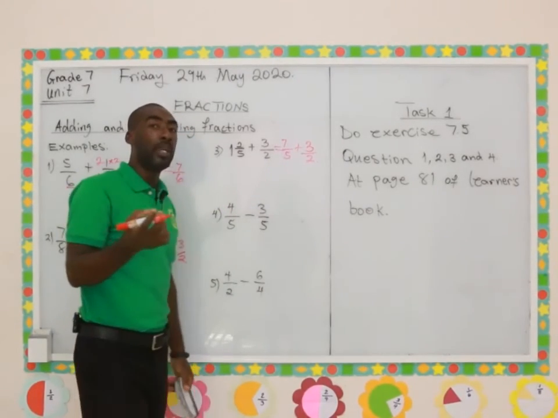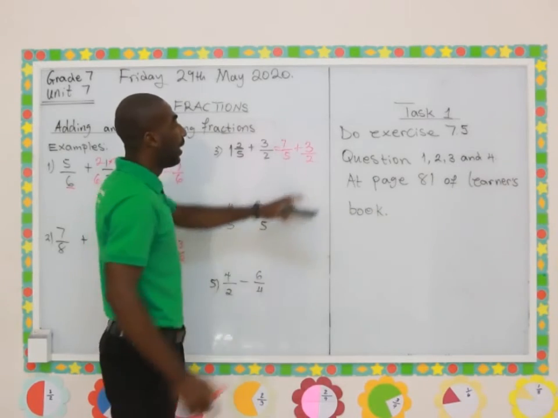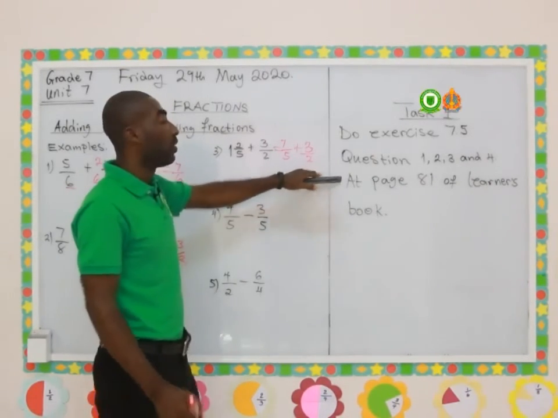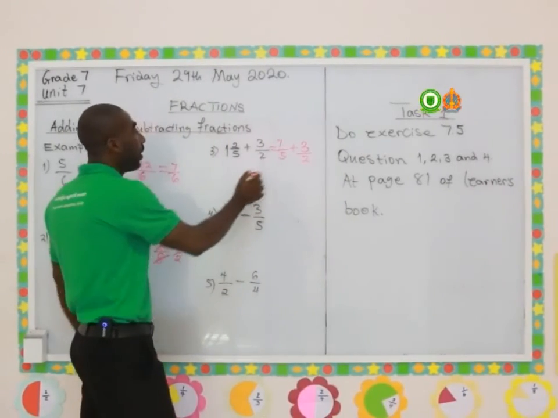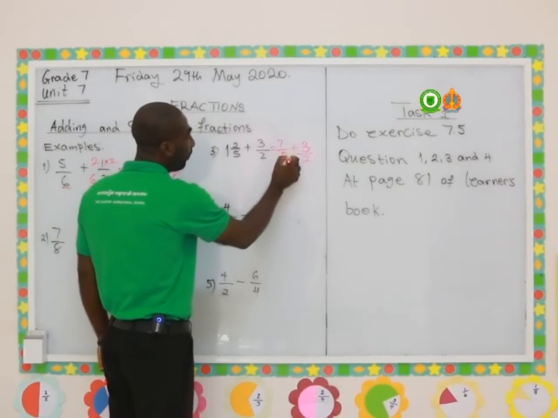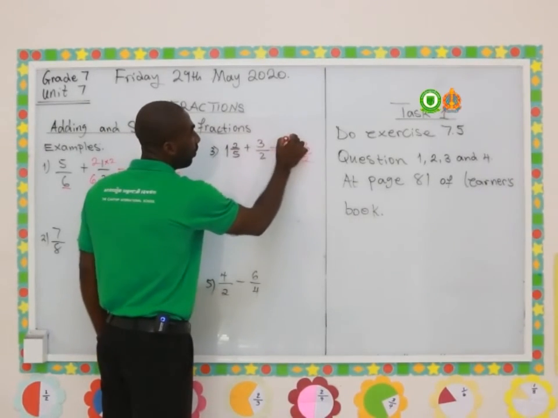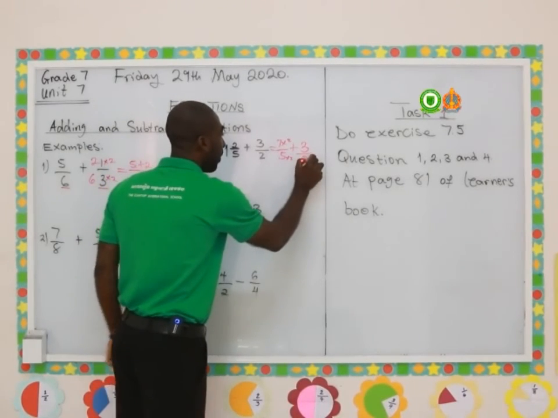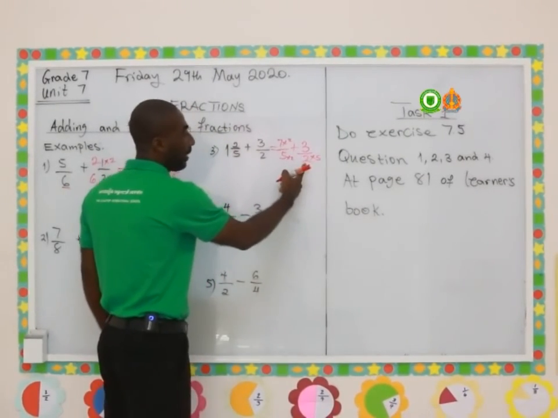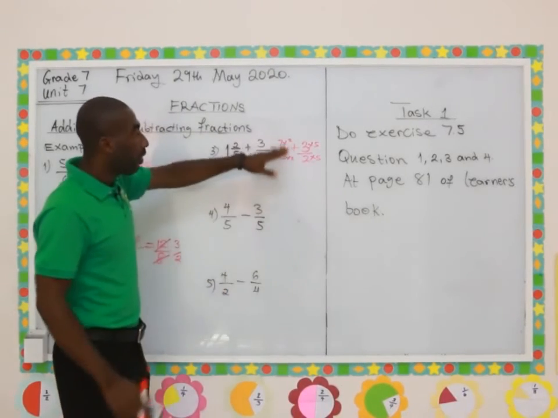No, so we choose a common number, which means we change this to 10 and we also change this to 10 so that they all have a common denominator. So we multiply 2 to 5 and then we multiply 2 to 7. We multiply here by 5 so that we can get 10, and then we multiply 5 as well.